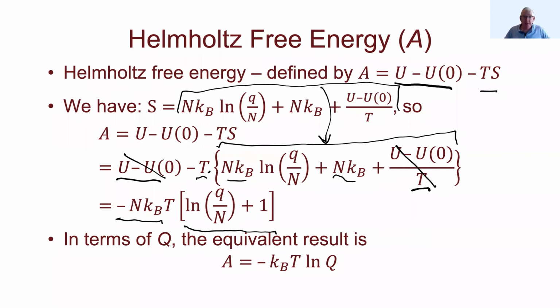In terms of Q itself, the ensemble partition function, the equivalent result is this one, which now gets me a result for the number of particles in my ensemble, because the N is now gone from that. So that would give me an expression that lets me get this Helmholtz free energy.